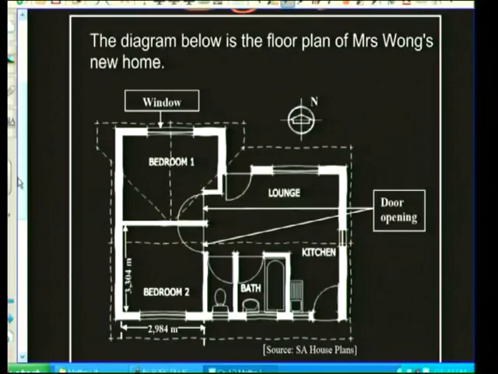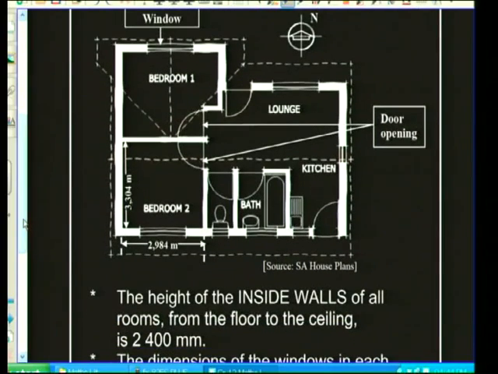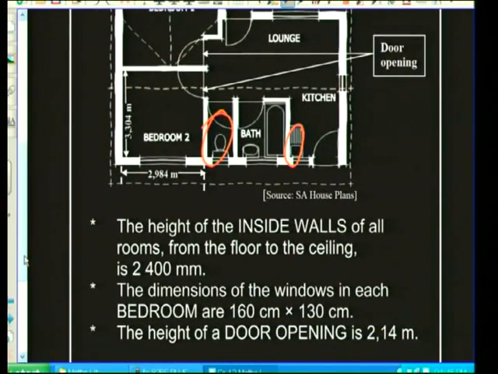The diagram below is the floor plan of Mrs. Wong's new home. There it is, and you can see in her new home she's got a bedroom 1 and a bedroom 2. She's got a lovely lounge area, a kitchen, a bath. I presume this thing over here is the toilet, and a lovely kitchen area with a sink over there. Now, the height of the inside walls of the rooms from the floor to the ceiling is 2,400 millimeters.